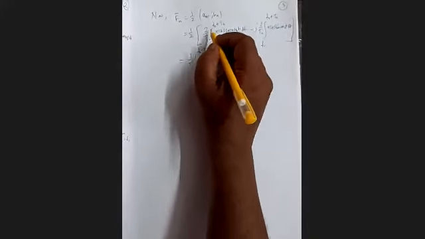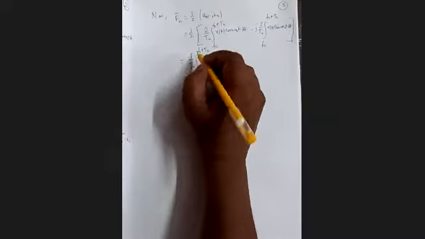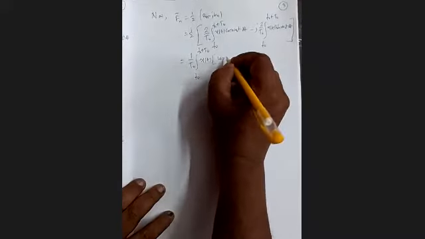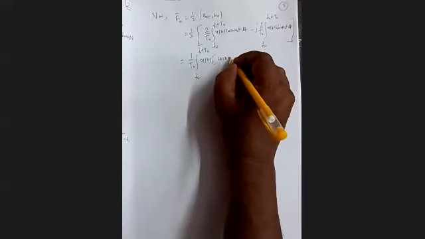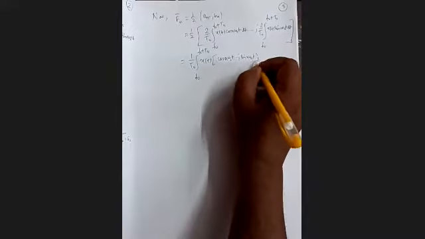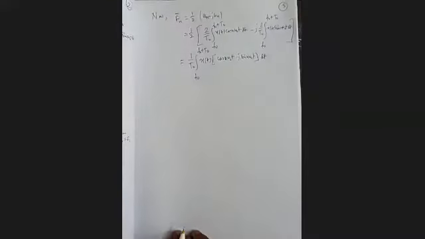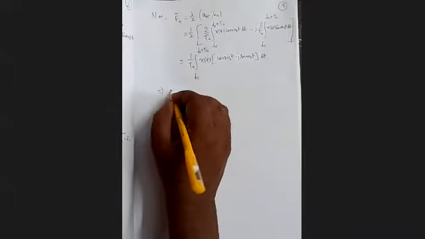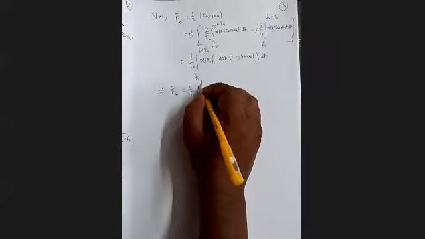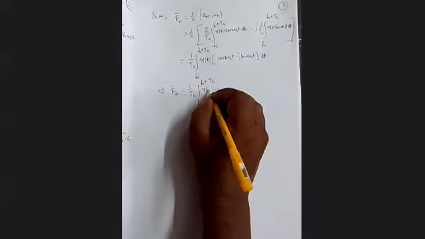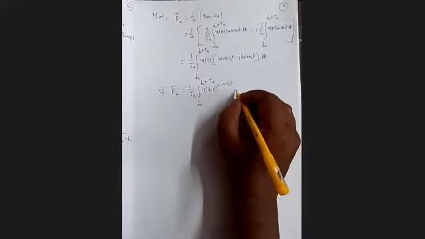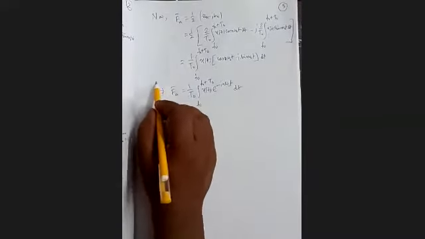So 2 cancels here, so 1 by T0 comes. It is x(t) times cos n omega 0 t minus j sin n omega 0 t. Or we can write our Fn bar equal to 1 by T0 integration x(t) e to the power minus j n omega 0 t dt.